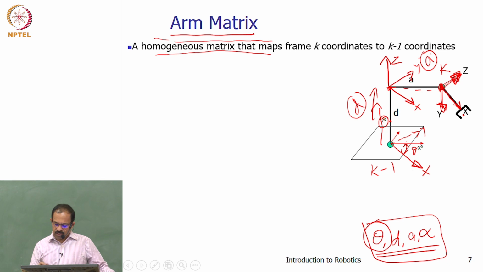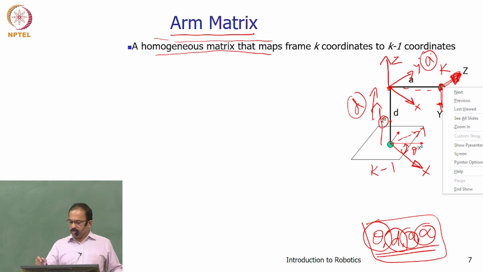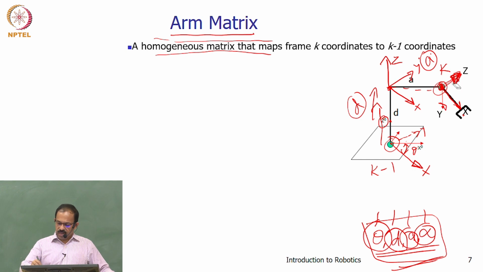By these four individual transformations, you get from one coordinate frame to the other. So the mapping between these two coordinate frames can be represented using these four transformations. That is why we need these DH parameters: to understand how this particular coordinate transformation happens from the original coordinate frame. This is what we are trying to understand here.